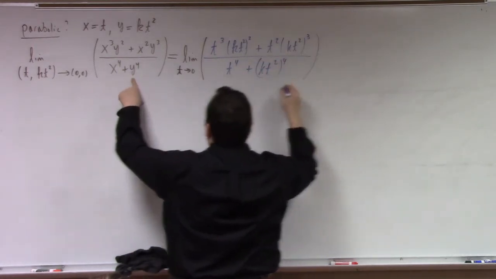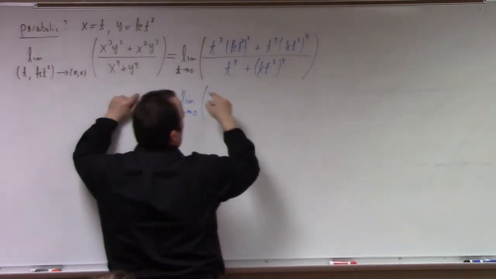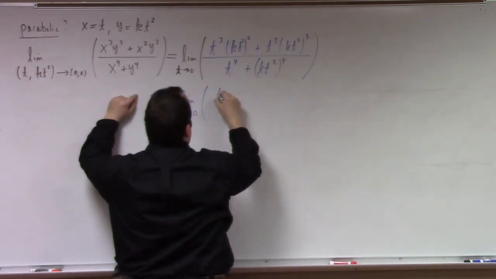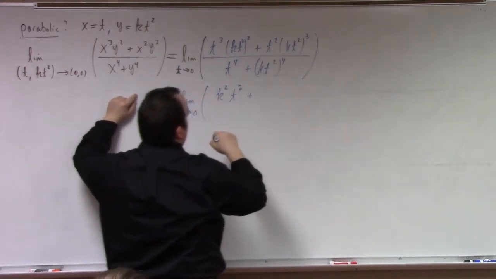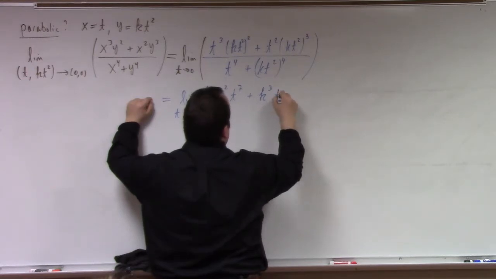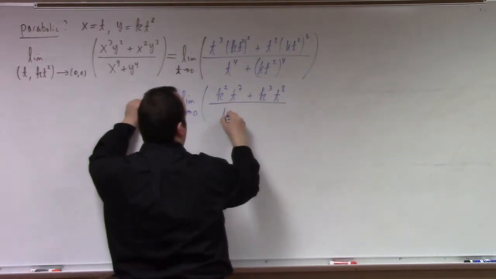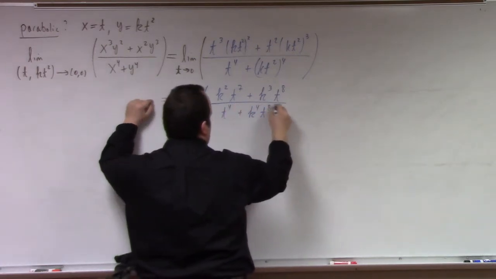Now I've got to sort through those laws of exponents. The first term has got what? k squared, t to the seventh. What's this one? k cubed, t to the eighth. Down here, we've got t to the fourth plus k to the fourth t to the eighth.